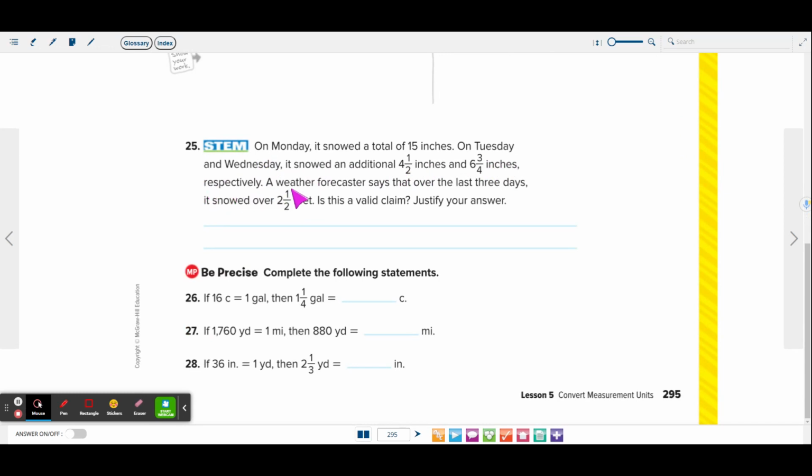And a weather forecaster says that over the last 3 days it snowed 2.5 feet. So you're going to add these inches up, change them to feet, and see if that's right. Or you could change 2.5 feet to inches, and after you add these up, see if they're the same. Whichever way you choose to do it, you just want to see, is this amount right here 2.5 feet or over 2.5 feet? See if that's right or not.